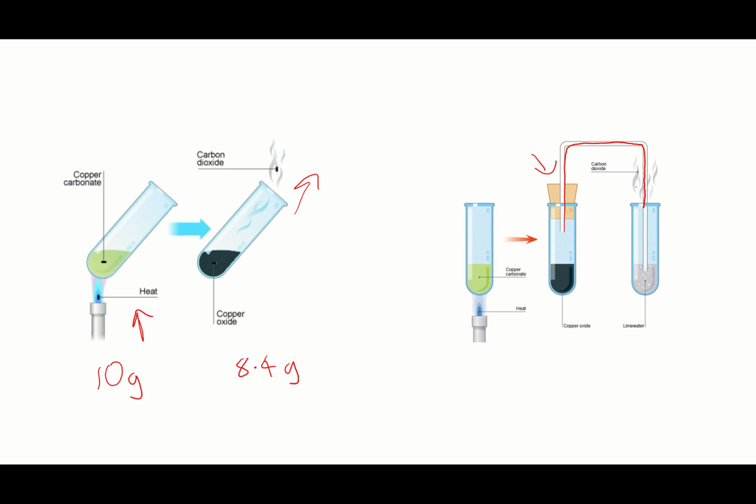But if this system here was also sealed, the total mass of this and this would equal the original mass of copper carbonate, I should say. So that's essentially it. If it was a sealed system, the mass would be the same for the reactants and the products, but this is not a sealed system, so the mass will change, it will reduce.